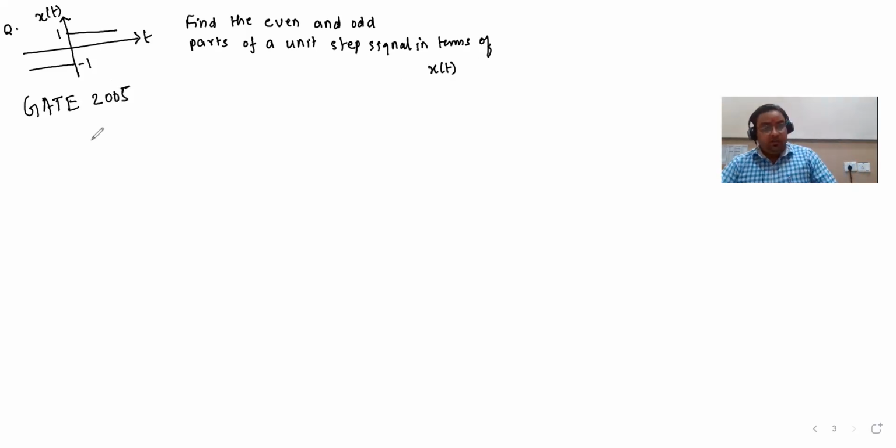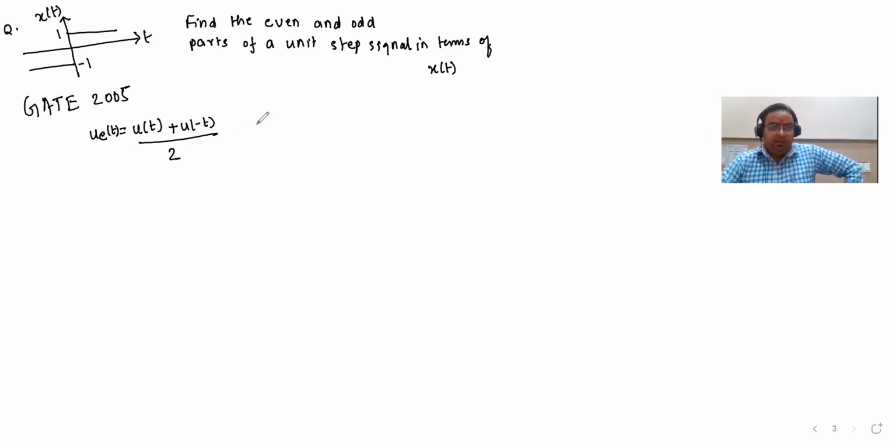Whenever we want to calculate the even and odd part of a signal, we have to do a certain operation. Let us say that our unit step signal is u of t. The even part of this u of t will be equal to u of t plus u of minus t divided by 2.